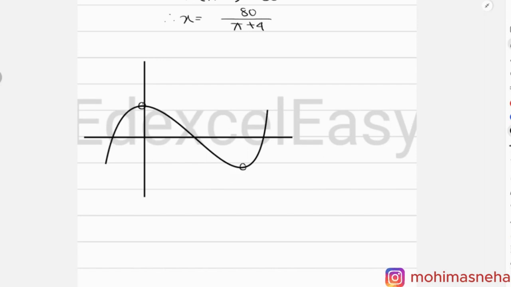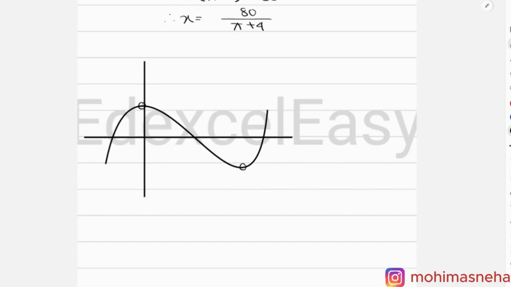Now how can you identify, for this kind of situation, when you differentiate the equation and set the differentiated value equal to 0, you're going to end up getting two values for x. How can you identify which one is the maximum and which one is the minimum? You can identify the nature of the roots by double differentiating the equation. So first, you need to double differentiate the equation.